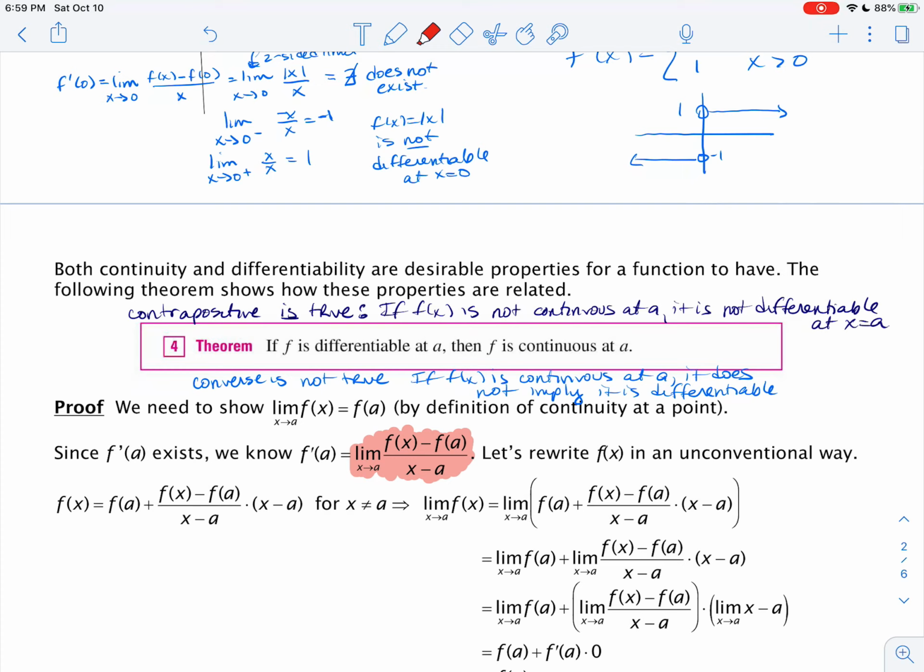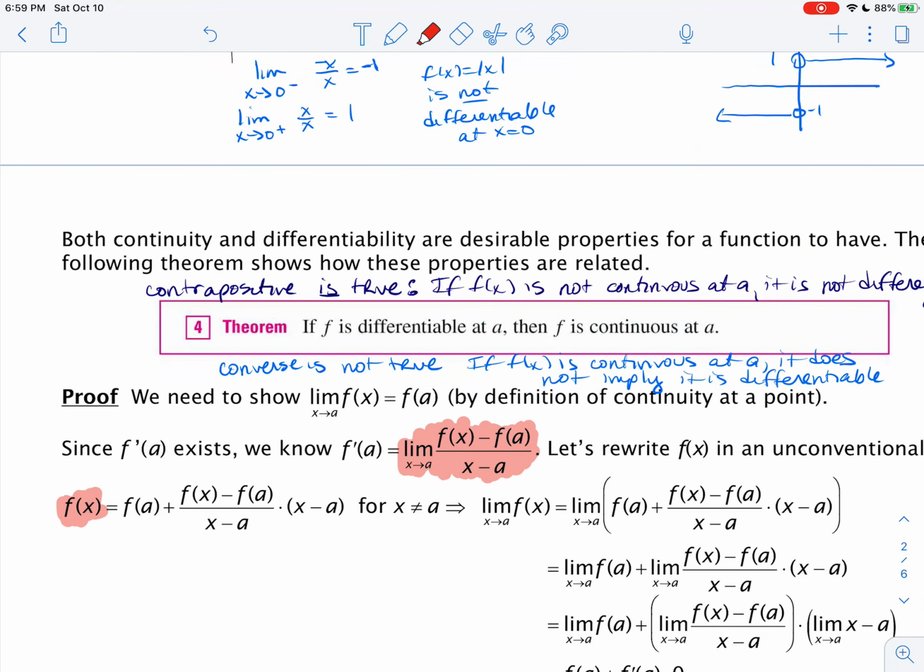So we start off with just playing around with an expression for f of a, and we'll just say it's equal to f of a plus f of x minus f of a over x minus a times x minus a, because we can always start off with f of a plus f of x minus f of a, adding f of a and subtracting f of a, and then in the very next step I multiply by a special version of 1, so that's equal.